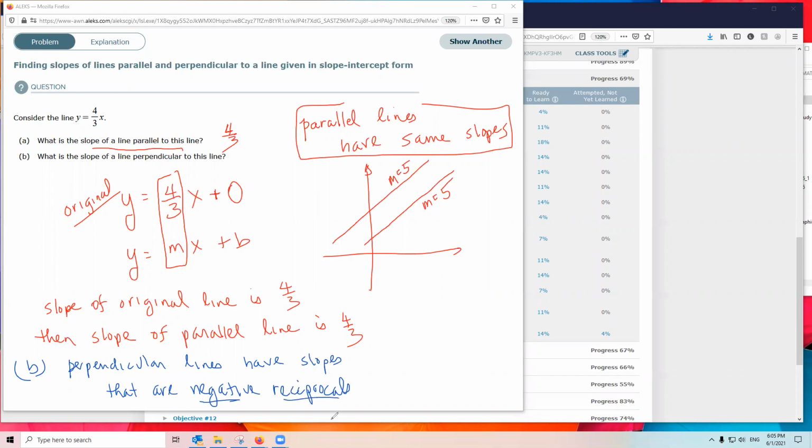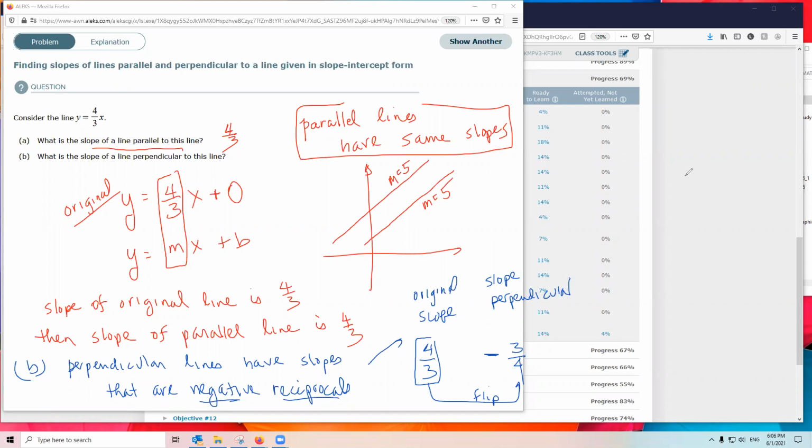Reciprocal means flip the fraction upside down. The original slope they gave us was 4/3. I want to get the slope of a perpendicular line now. I have to make it negative, and I have to make it a reciprocal, which means flip upside down. So instead of 4/3, I'm flipping it to be -3/4.